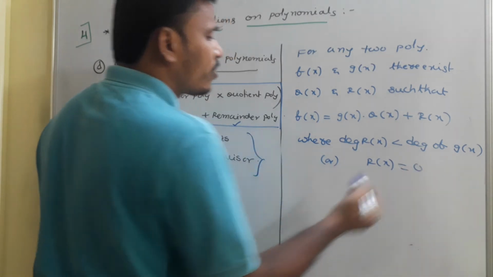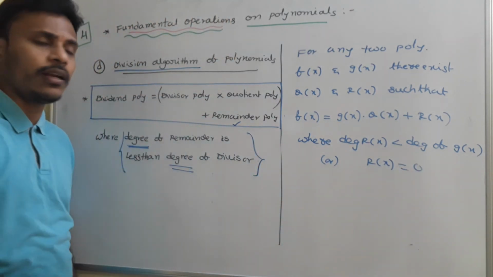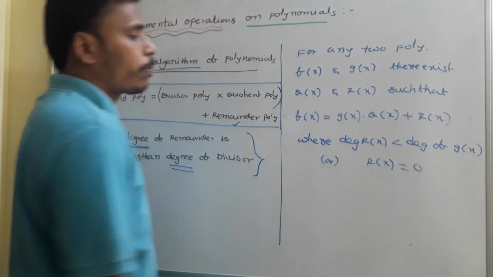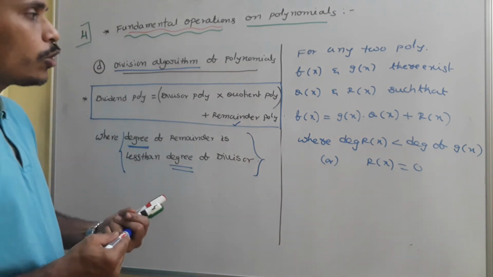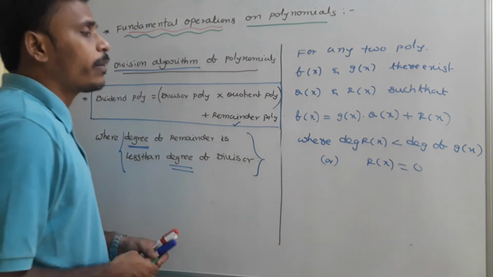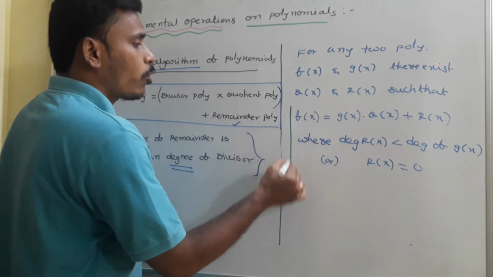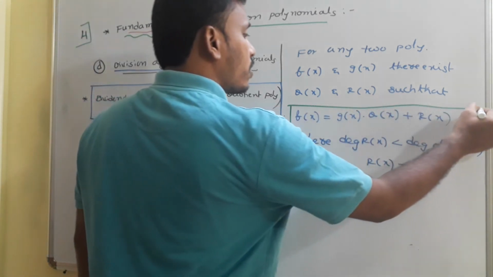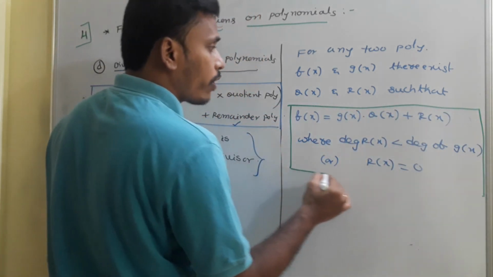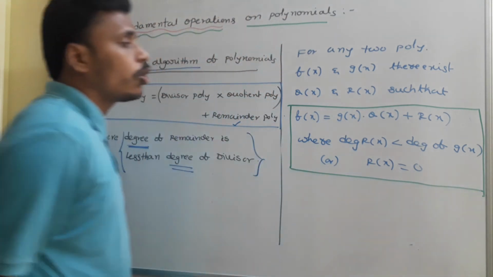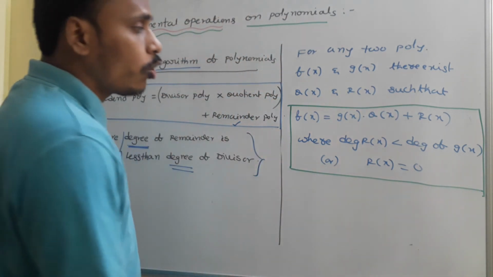See, if the remainder is 0, then its degree is actually not defined, and that's why we need to give this particular case separately. This statement we usually use as the statement of the division algorithm: f of x is equal to g of x into q of x plus r of x, where the degree of r of x is less than the degree of g of x.